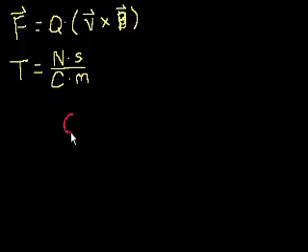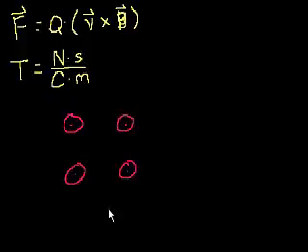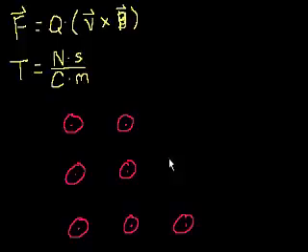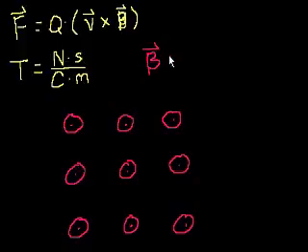You can imagine a bunch of arrows popping out of the screen. I'll just draw a couple of them, just so you get the sense that it's a field. It pervades the space. The magnitude of the field, let's say it is 0.5 Teslas.